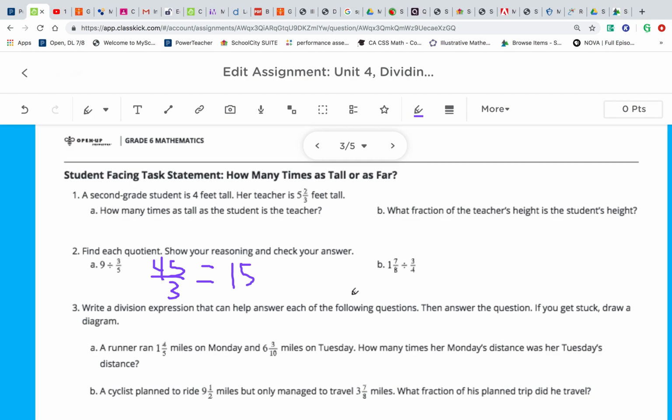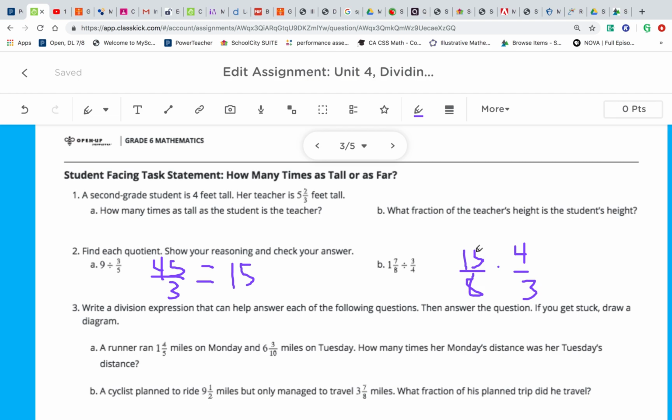All right, let's look at letter B in number 2. 1 7/8 divided by 3/4. Well, we want to make this mixed number back into a fraction. So we're going to do 1 times 8, which is 8, plus 7, which is 15. So this is really 15 over 8. And then divided by 3/4 is the same thing as times 4 over 3.